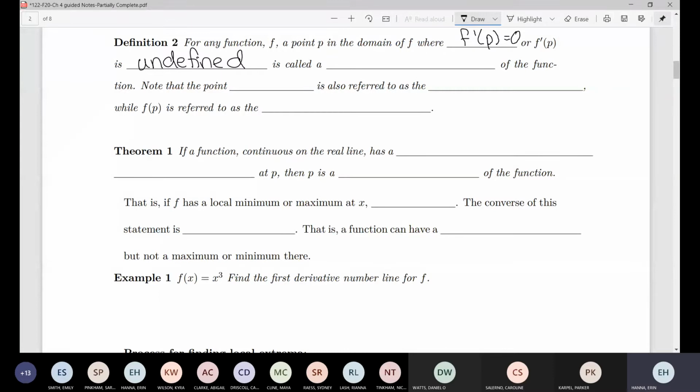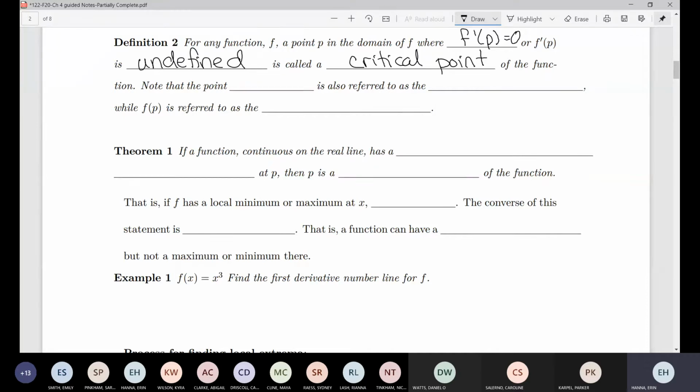And please feel free to ask me to slow down if you are someone who is taking these purely by hand. I'm going to try to be slower than usual. I understand that when we get to these pieces, it's going to be gross. So if the derivative is 0 or undefined, it is called a critical point of the function.